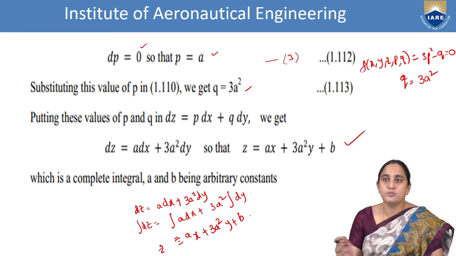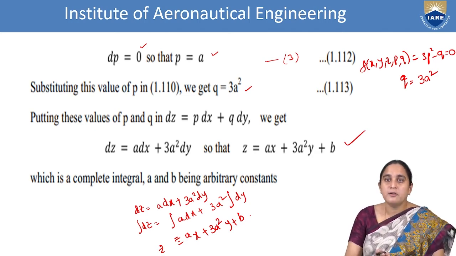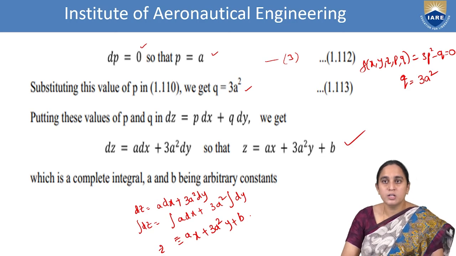Once again, I'll repeat how to solve by Charpit's method. The first step is, for the given question, let us assume it in terms of f. After that, take the auxiliary equation. From that auxiliary equation we get either the p value or the q value.